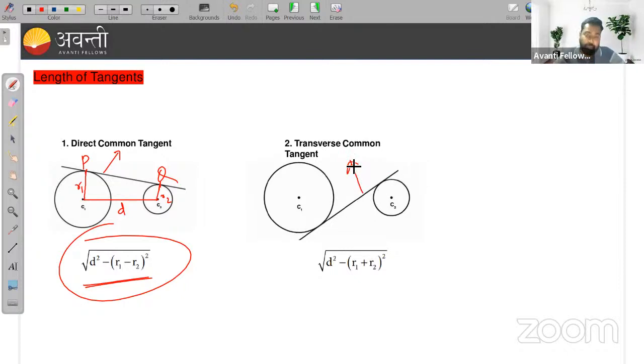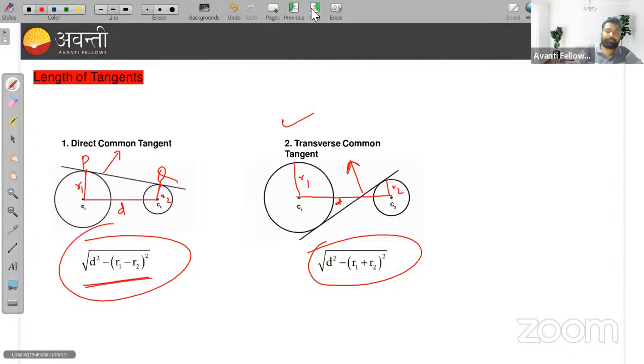The length of the transverse common tangent is actually the square root of d square minus (r1 plus r2) whole square. What is d here? The distance between the two centers, and this is my r1, this is my r2.